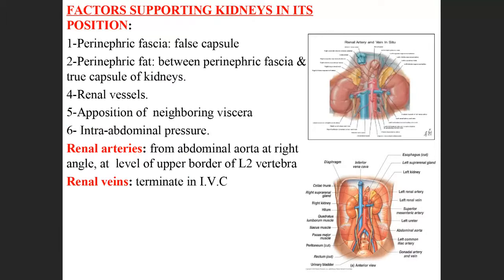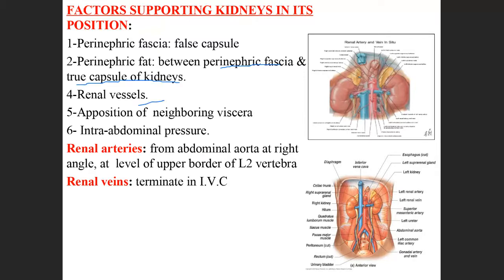Next, how are the kidneys placed or supported? What are the structures which give support for the kidney? They are again the perinephric fascia, that is renal fascia, and then perinephric fat or renal fat. Where is this fat present? It is present between the fascia and the true capsule of the kidney.